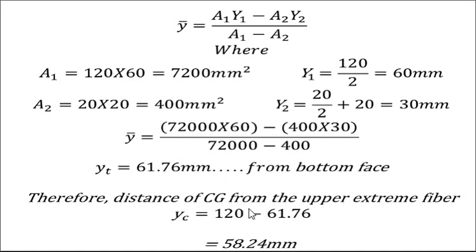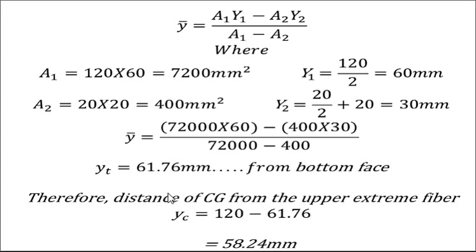Therefore, the distance of the CG from the upper extreme fiber: this was from the bottom, and if you want to find it from the upper extreme fiber, you can subtract this yt from the total height. The total height of the section is 120. If you subtract this yt value, we get yc, the CG from the upper extreme fiber. That value is 58.24 mm.